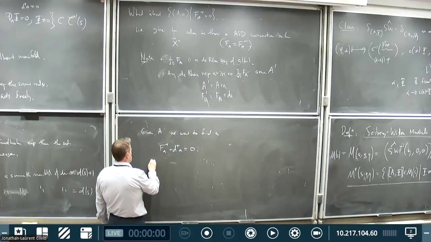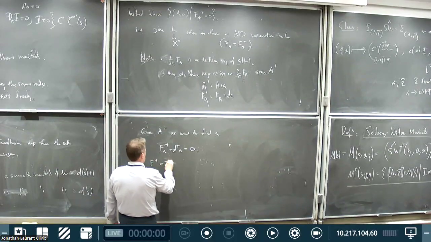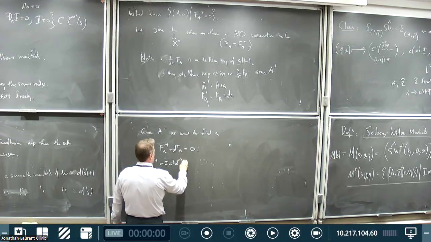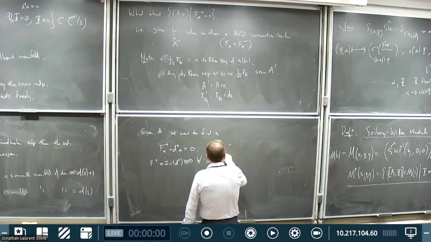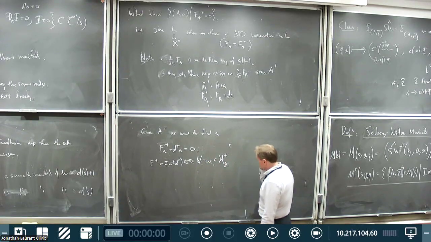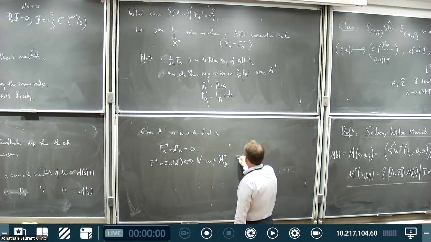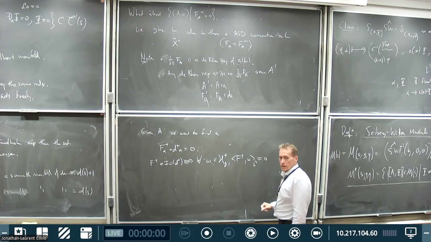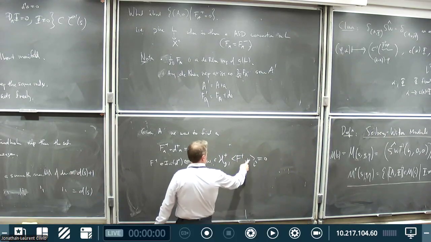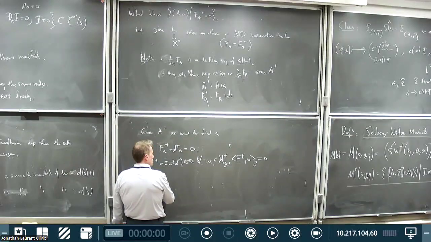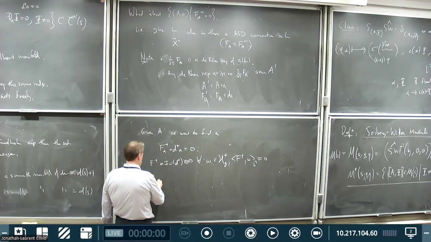Well, that's if and only if for every self-dual harmonic form omega, the inner product of F plus with omega is 0. That's linear algebra. But this condition is quite interesting. What does it say if I think about it from what we've learned?